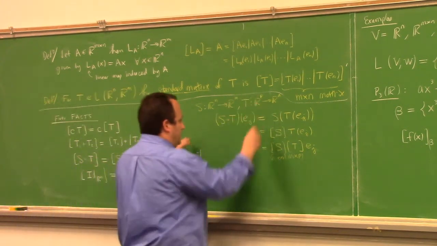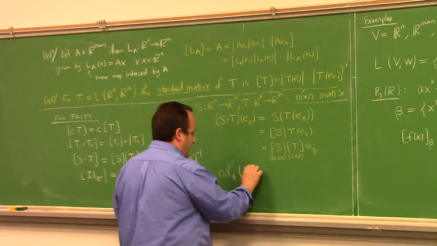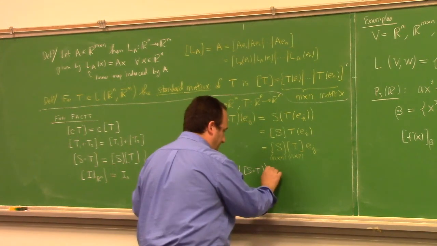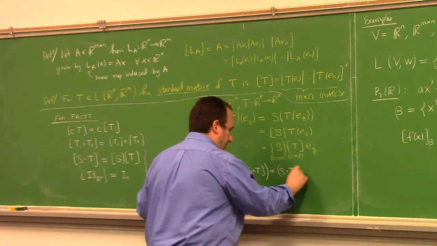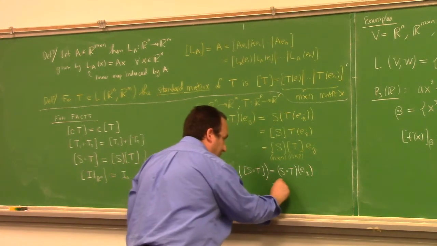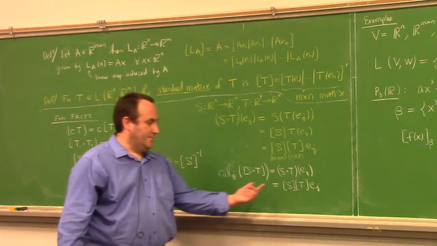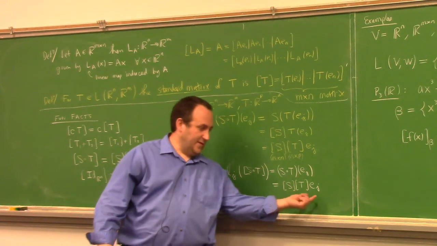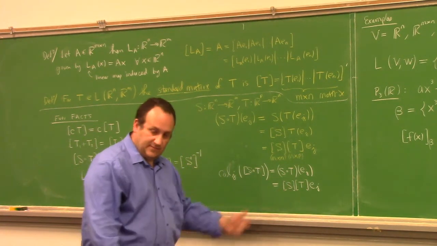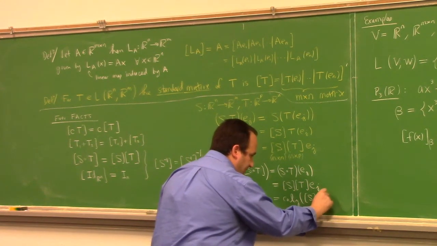Notice that column J of the standard matrix of S composed with T is S composed with T acting on EJ. But by this calculation, it's also equal to the matrix of S times the matrix of T times EJ. When we have a matrix times the jth standard basis element, that gives us the jth column of that matrix. So this is also column J of the standard matrix of S times the standard matrix of T.